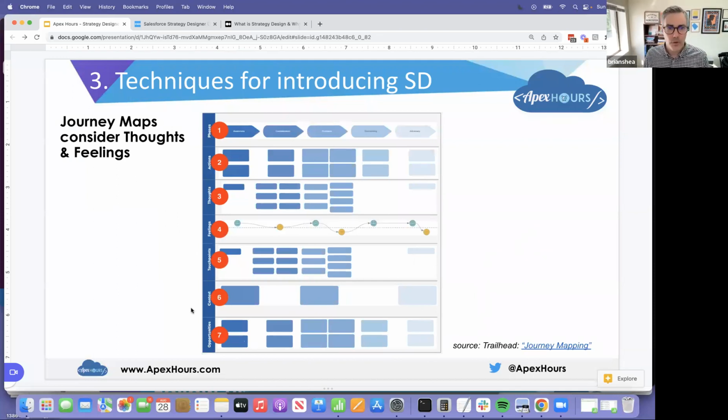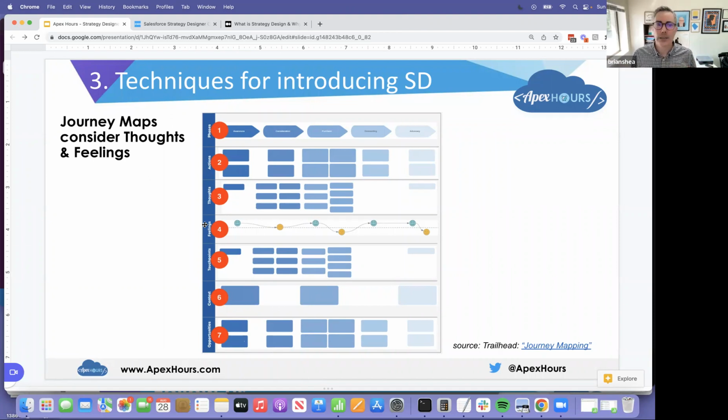This is something we went over yesterday, but this is a high-level example of a journey map. And this is from Trailhead, the journey mapping trail. It just shows the 7 dimensions of a journey map, which are stages or phases, actions, thoughts and feelings, which I just talked about, touch points, context, and opportunities. So I won't go into each of those again, but just to know that when we talk about journey maps, we're not just talking about functional steps.